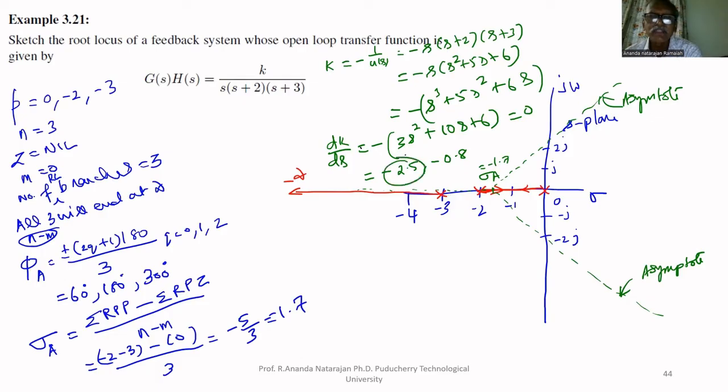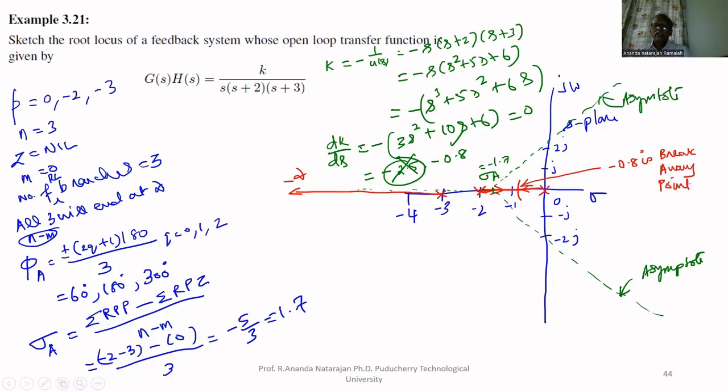That's why this is not on the root locus, but this is on the root locus. Therefore, minus 0.8 is the breakaway point. This is the breakaway point. It comes out like this.